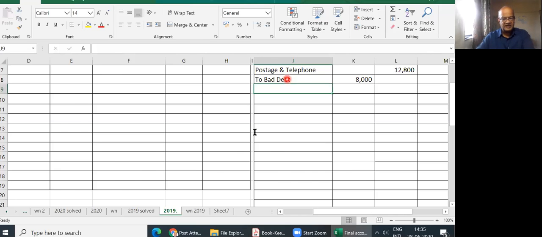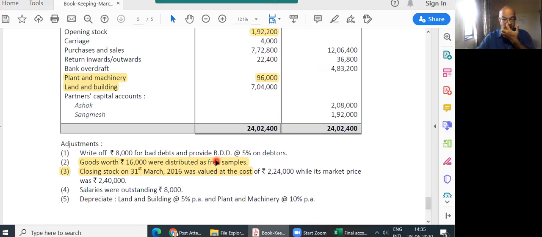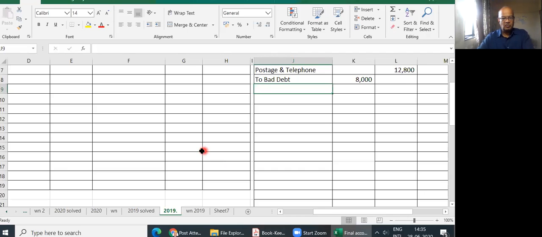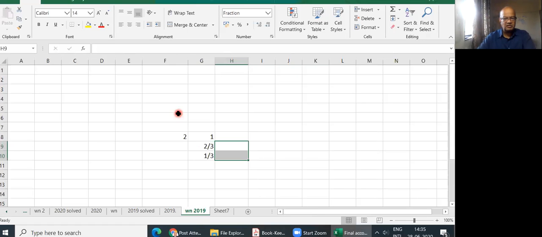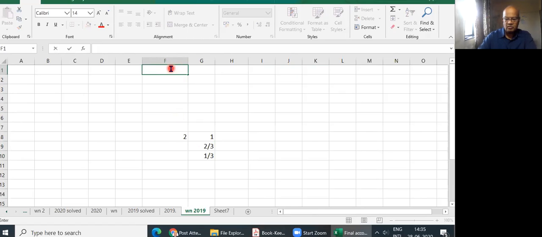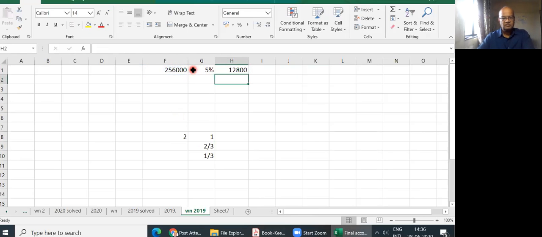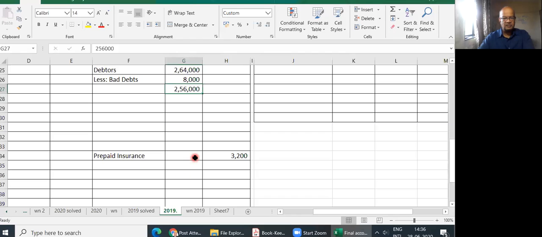Now, the second effect, provide RDD at 5% on debtors. On 2,56,000 we have to provide 5%, which is 12,800.